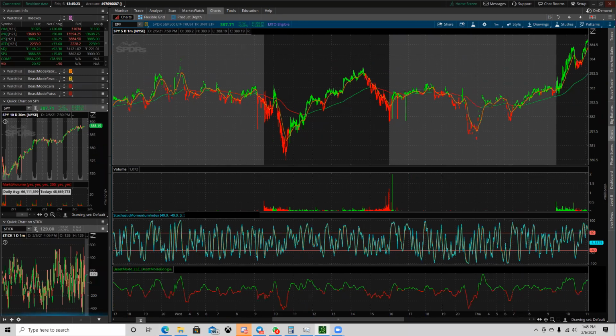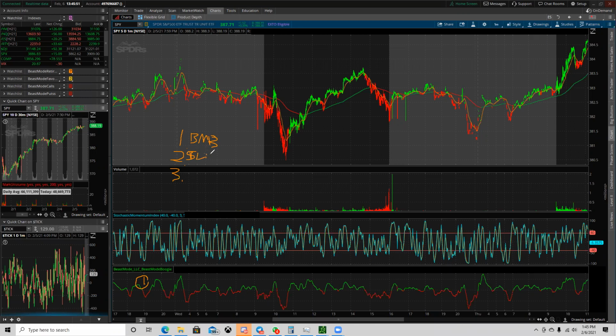Let me change the colors here, get my drawing tool ready. All right, so we have 3 rules on this system. We have Beast Mode Boogie, which down here is number 1. We have Smart Line.